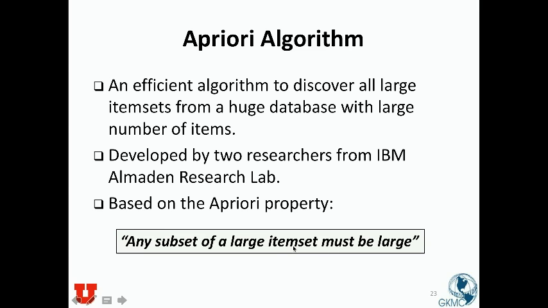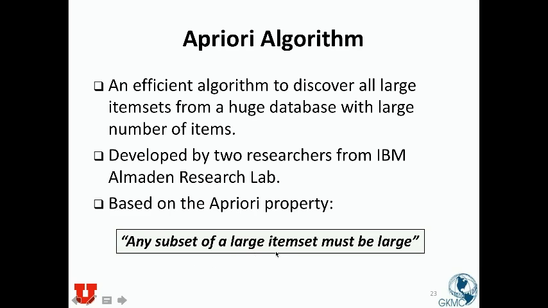A subset of egg, milk, and bread can be just a set of milk. So if egg, milk, and bread appear 60% of the time in the transactions, then egg must have also appeared 60% or more. Otherwise, egg, milk, and bread cannot be in 60% of the transactions. And a subset can be only egg and milk.